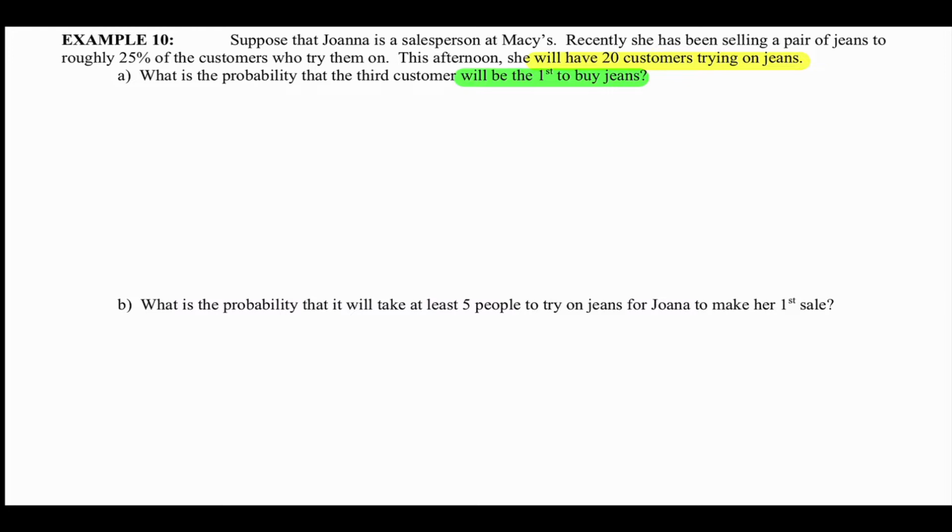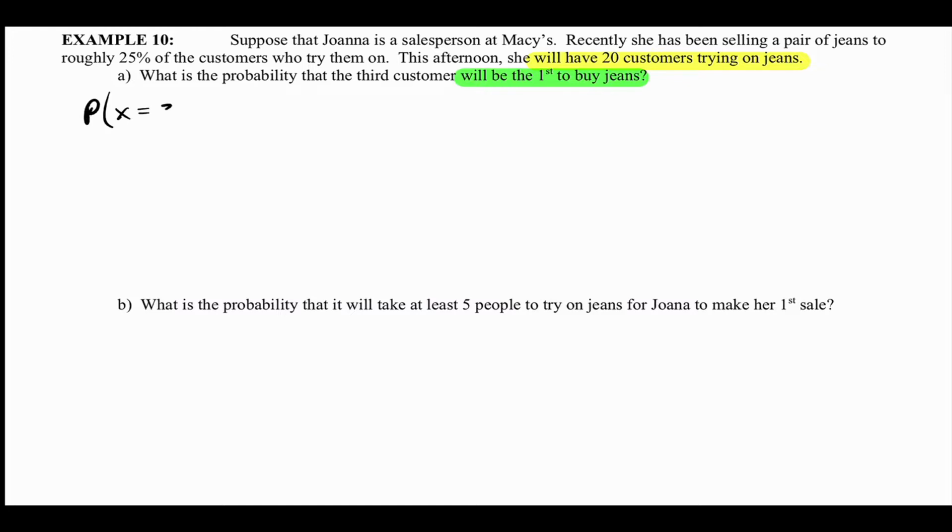But this is the first one to have success. So there could be 20, there could be 50, there could be 100, I don't know how many. That doesn't matter to me, in the first question, 10A. Okay, so it's geometric.